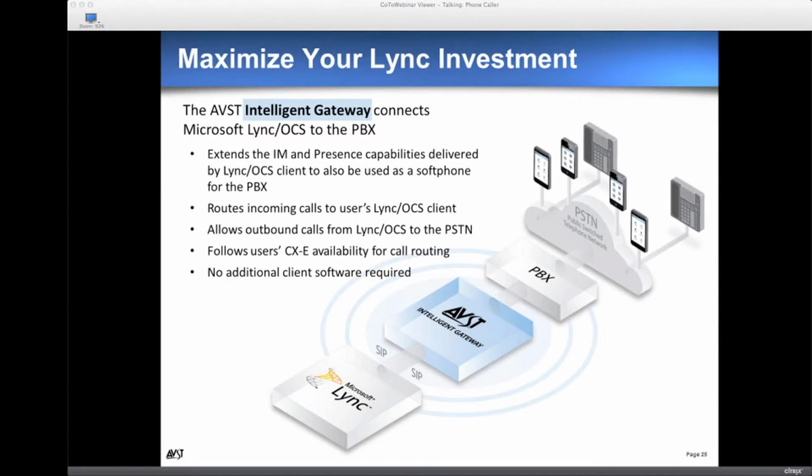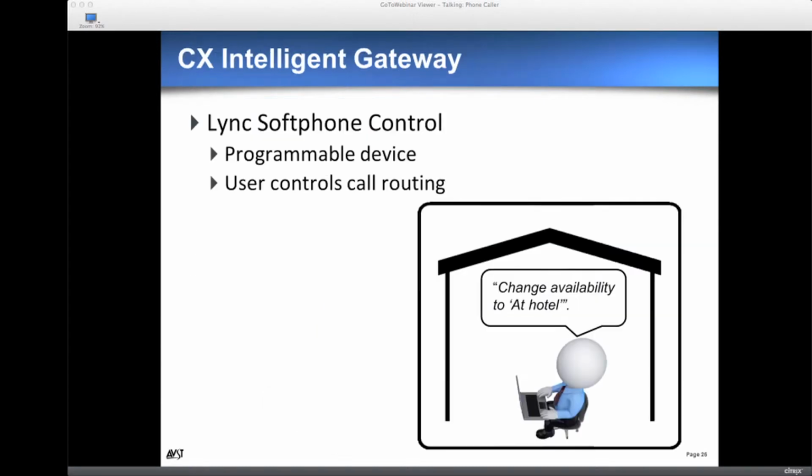But beyond that, one of the things we know about is flexibility. Users move around. There's almost no solution that works for them all the time. Sometimes not even during the same day will the same kind of communication solutions effectively serve them. So the intelligent part of the gateway is because we can allow a user to route those calls. So the Link soft phone becomes another device associated with the user's mailbox, and it's a programmable device.